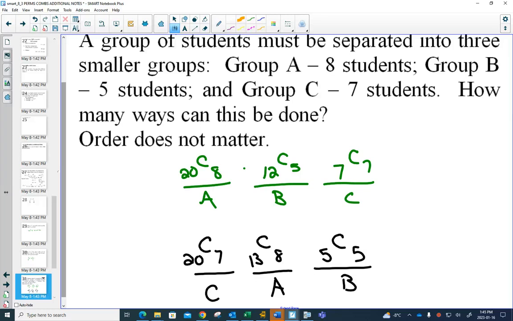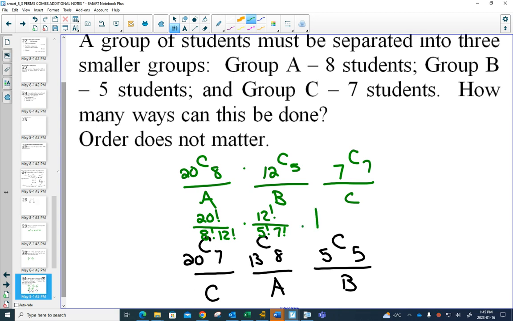Well, if we look at the formula, 20 choose 8 is 20 factorial over 8 factorial, 12 factorial. And 12 choose 5 would be 12 factorial over 5 factorial, 7 factorial. Remember that the bottom 2 numbers always add up to the top one.